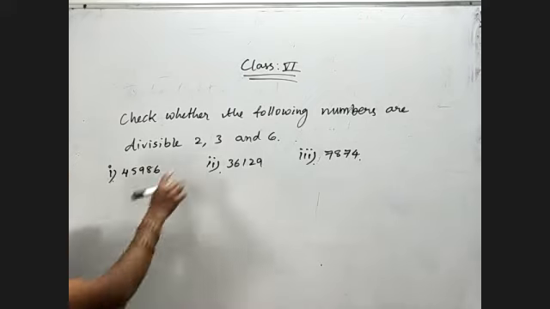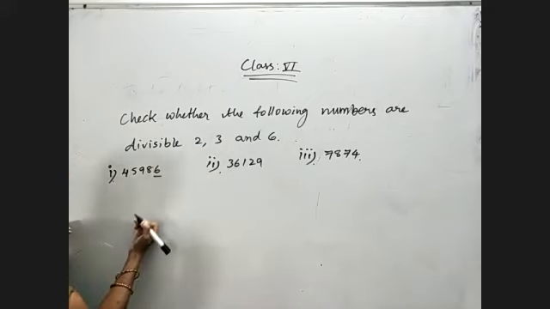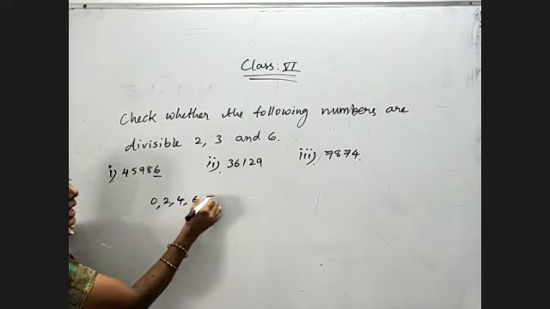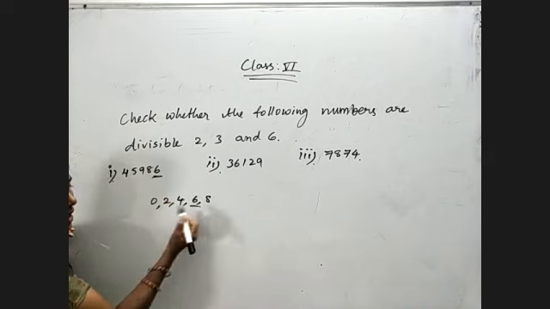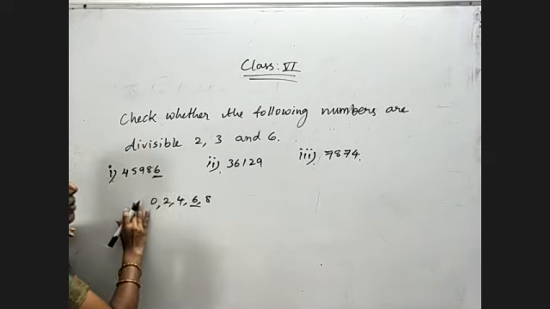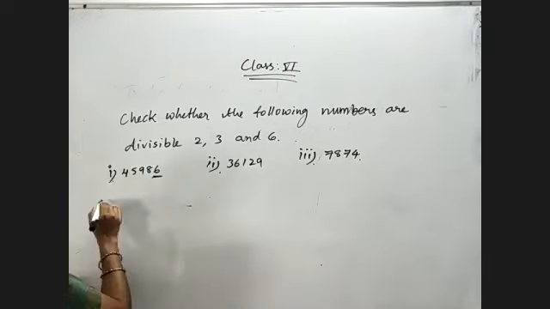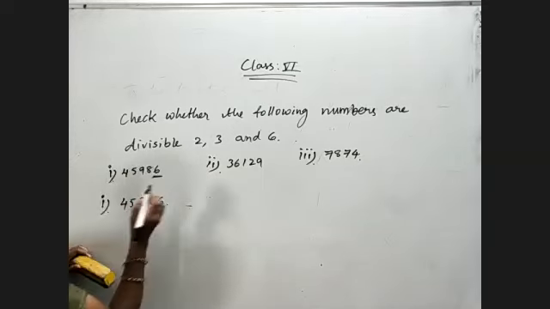So now observe, what is the divisibility rule of 2? If the number has 0, 2, 4, 6 or 8 in its unit place, then it is divisible by 2. So here we have 6. That's why it is divisible by 2. Okay. My first question answer is for 45,986.